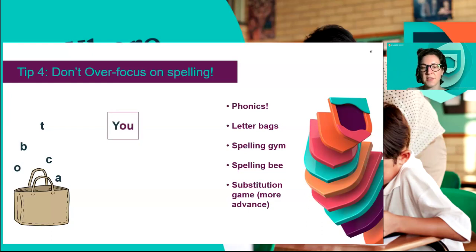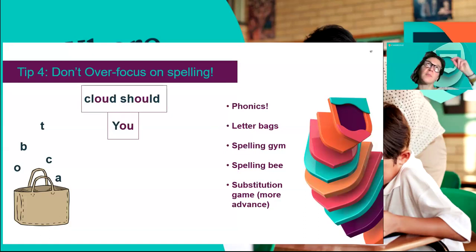Substitution game, this is for more advanced students. For example, you give a very simple common word like you, and you ask to find where else we can see this pattern, OU. We have you, then we have cloud, should, and students can think of all the words that have this combination and see how differently it might work in different words.